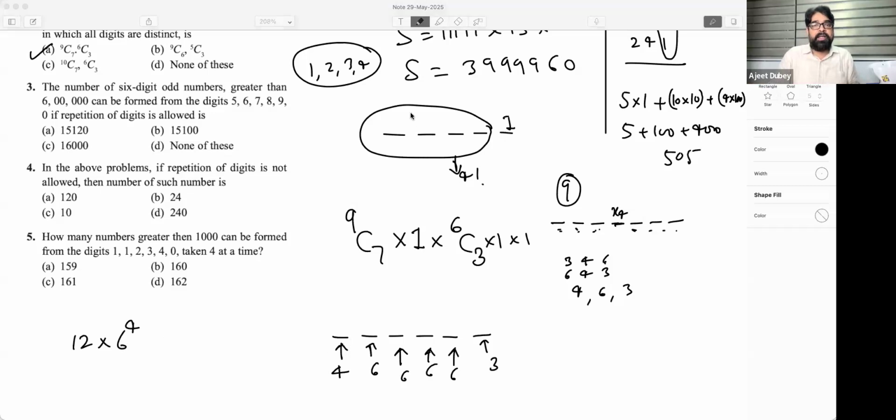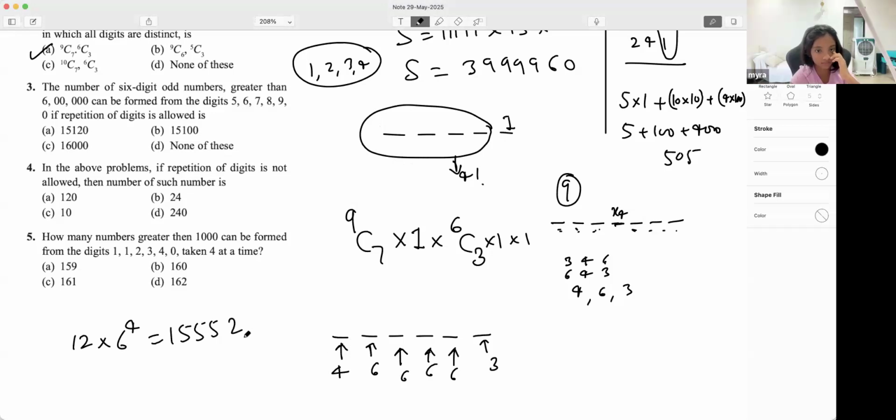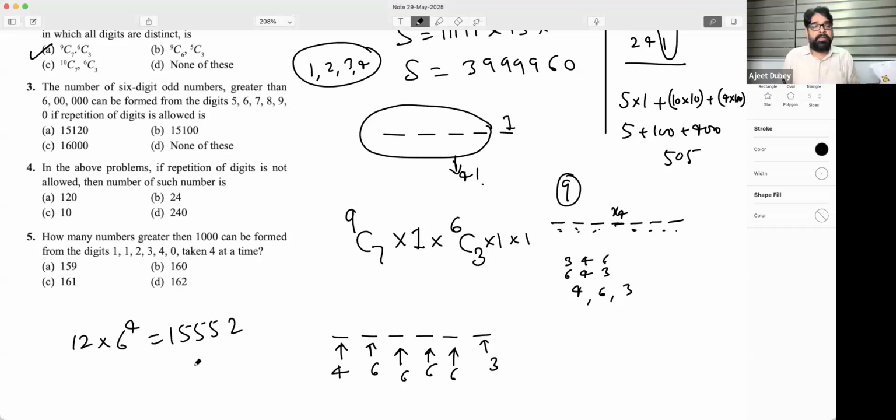So that will be calculated, and coming how much? 36 into 36 into 12. 1,552. Correct. This has to come. Is 600,000 included in this number?